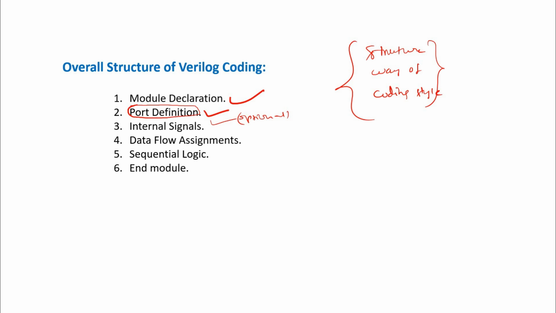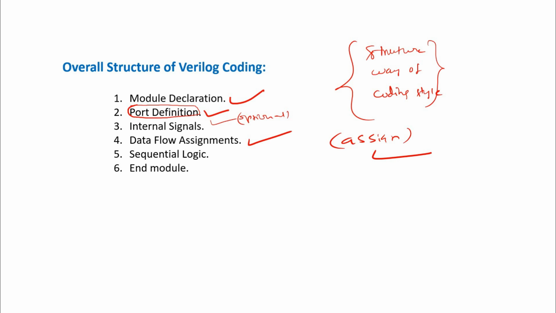And when it comes to the fourth thing, data flow assignments, it defines how the output of the module is computed based on the inputs and internal signals. This can be done using continuous assignment. So in this data flow assignment, we can use assign. What is meant by assign?